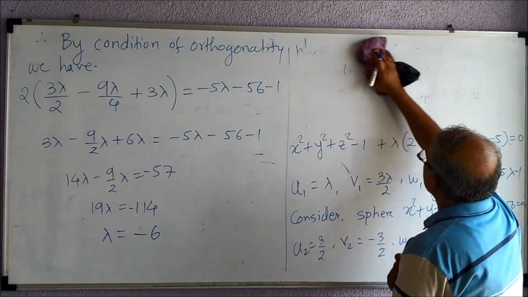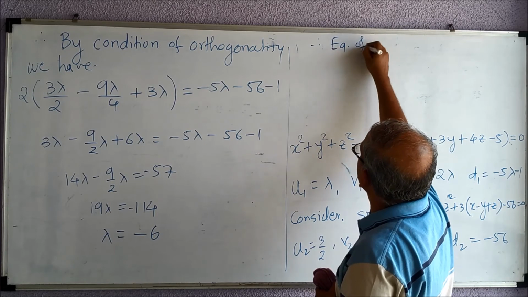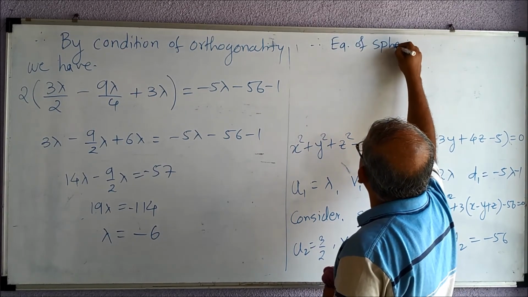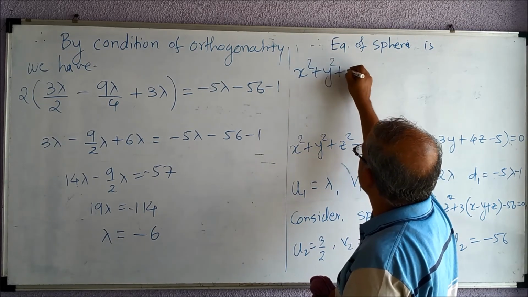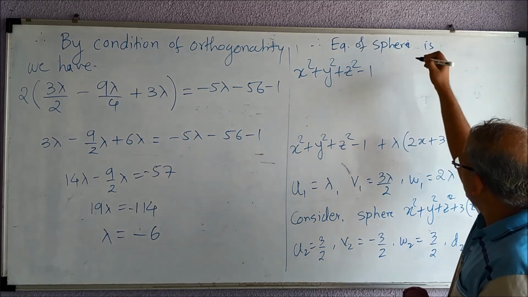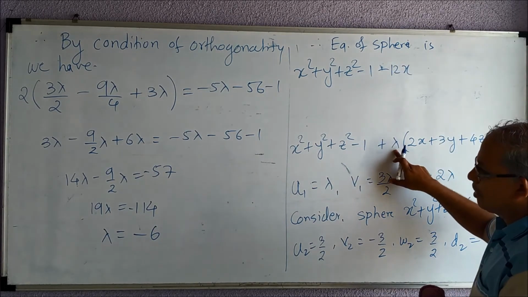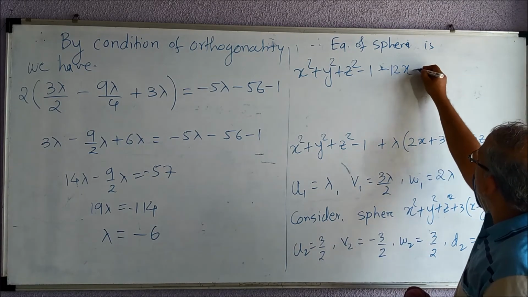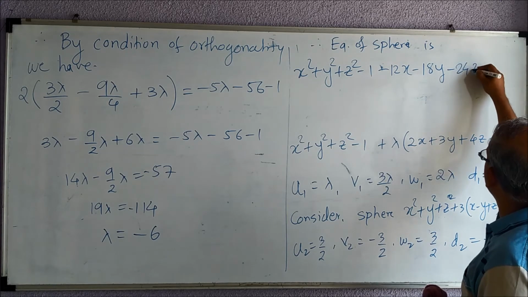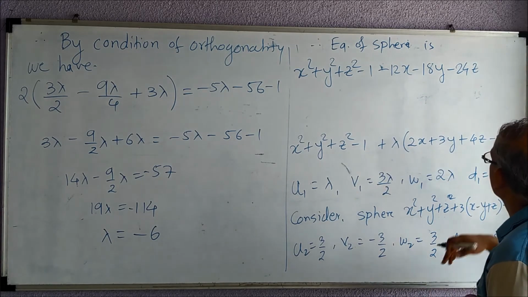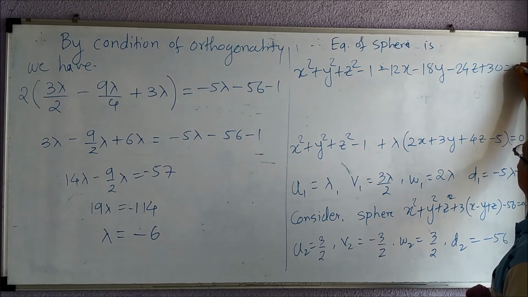So finally the equation of the sphere is x square plus y square plus z square minus 1 minus 12x, as I am putting lambda as minus 6, minus 18y minus 24z plus 30 equal to 0.